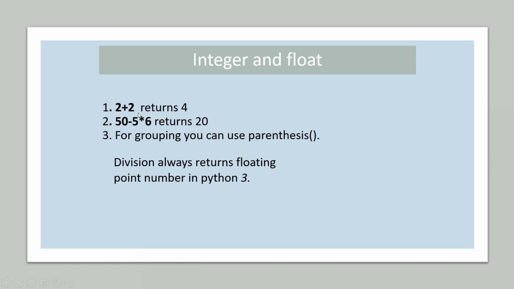Here I have taken direct values, like 2 plus 2 returns 4, 50 minus 5 into 6 returns 20. So suppose you want to group some expression together and do some operation, then you need to use parentheses there. We'll show you that also in the example.